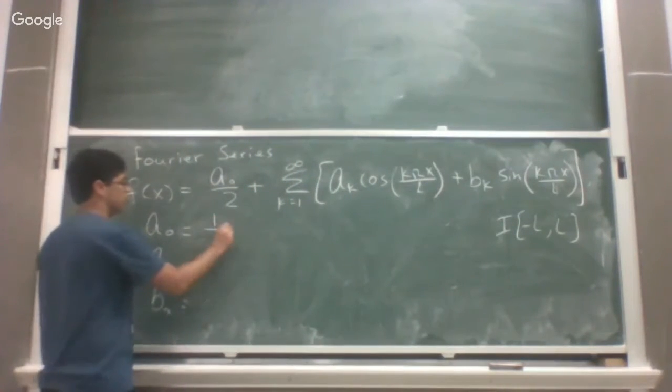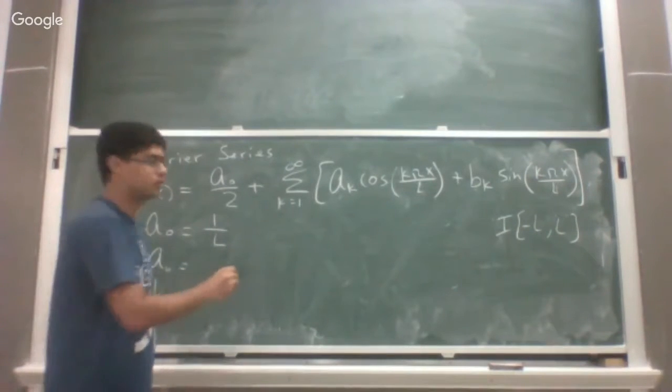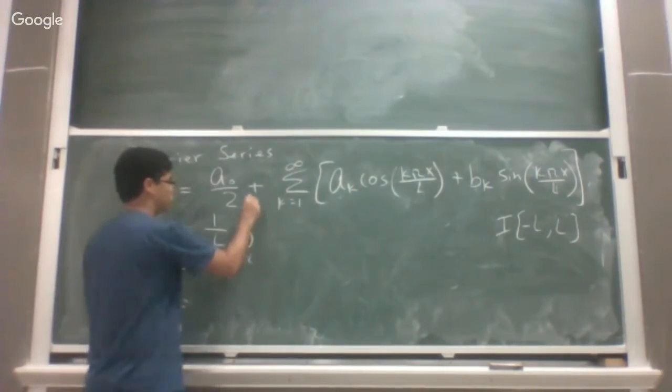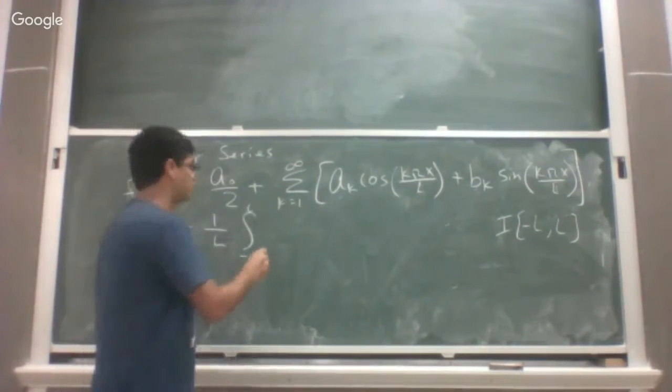A sub naught is 1 over L with the integral of negative L going to L, f of x dx.